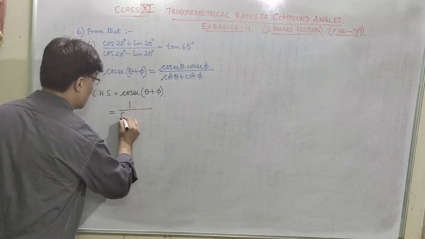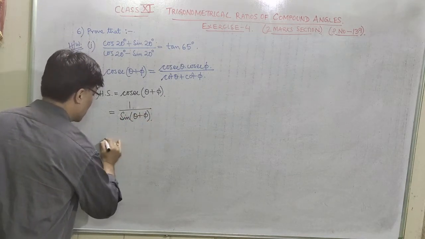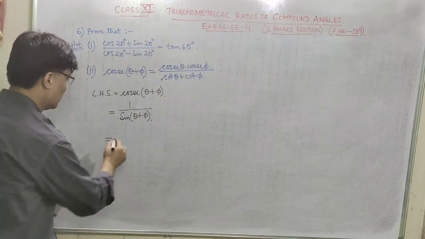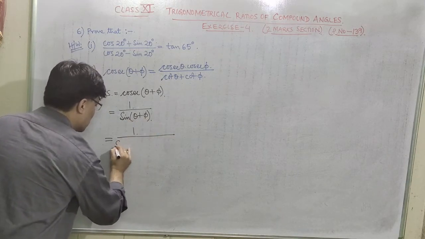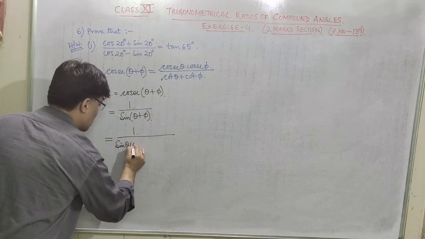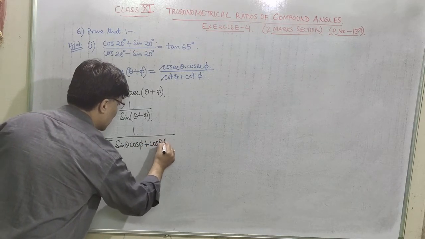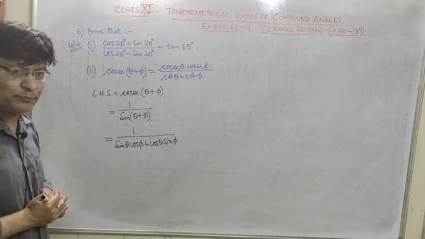So this is 1 upon sine theta plus phi, which is equal to, now what is this sine of A plus B? So it will be 1 upon sine theta cos phi plus cos theta sine phi. Is that clear now?